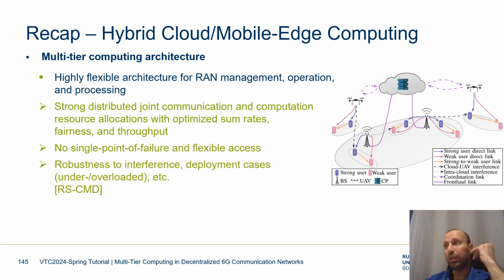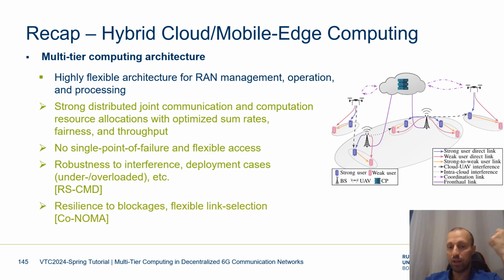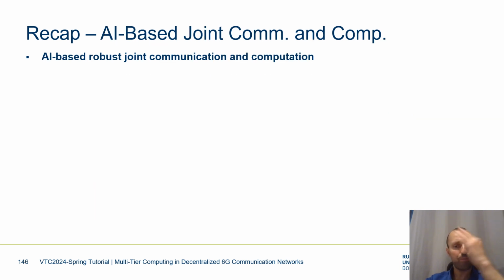From a rate splitting perspective, we spoke about robustness to interference and the capability to do rate splitting at the transmitter and common message decoding at the receiver side. We also looked into resilience to blockages in extended reality (XR) systems by enabling the advantages of cooperative non-orthogonal multiple access.